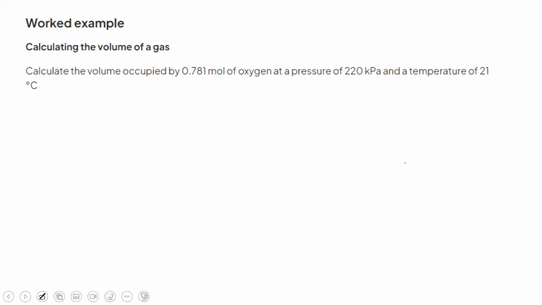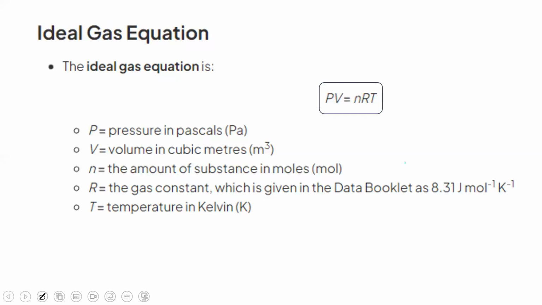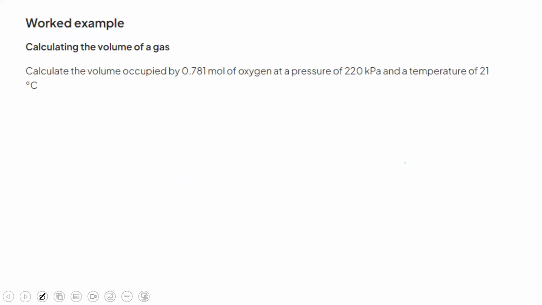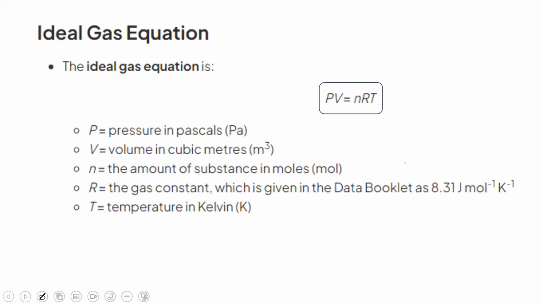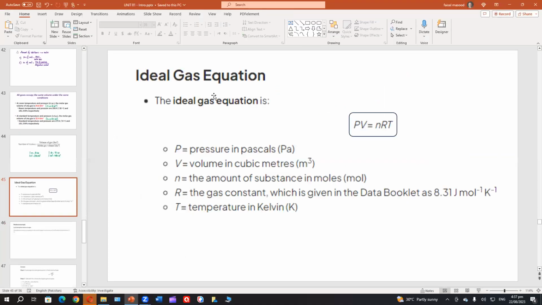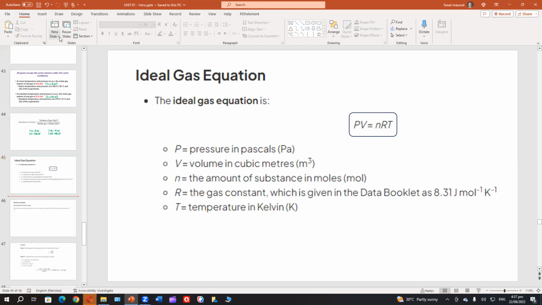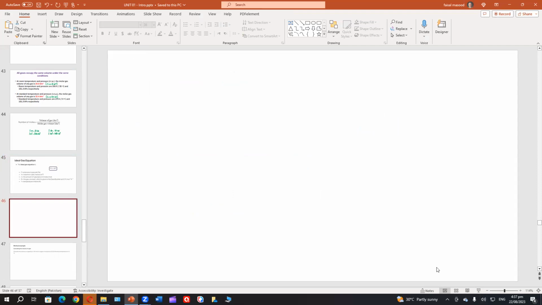Now, calculating the volume of a gas. Calculate the volume occupied by 0.781 mole of oxygen at a pressure of 220 kilopascal and a temperature of 21 degrees. First, let me recall for you another set of unit conversions.